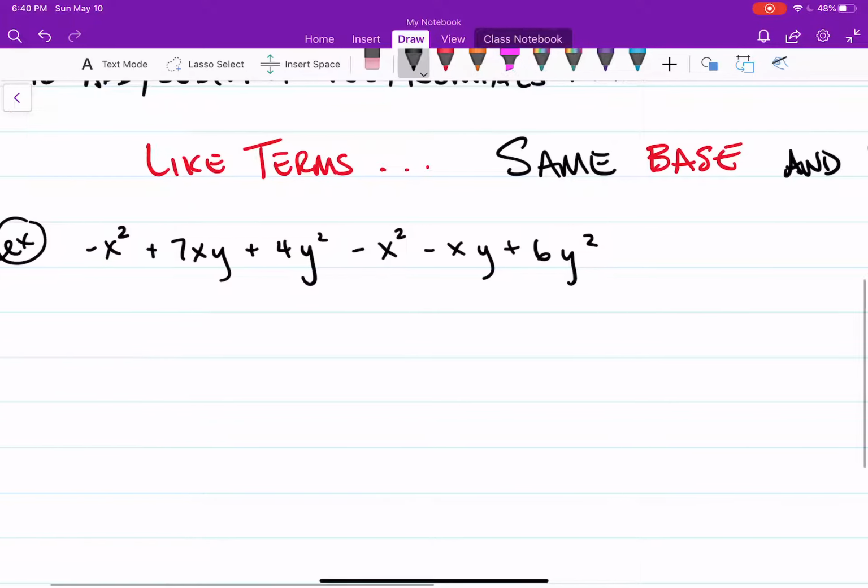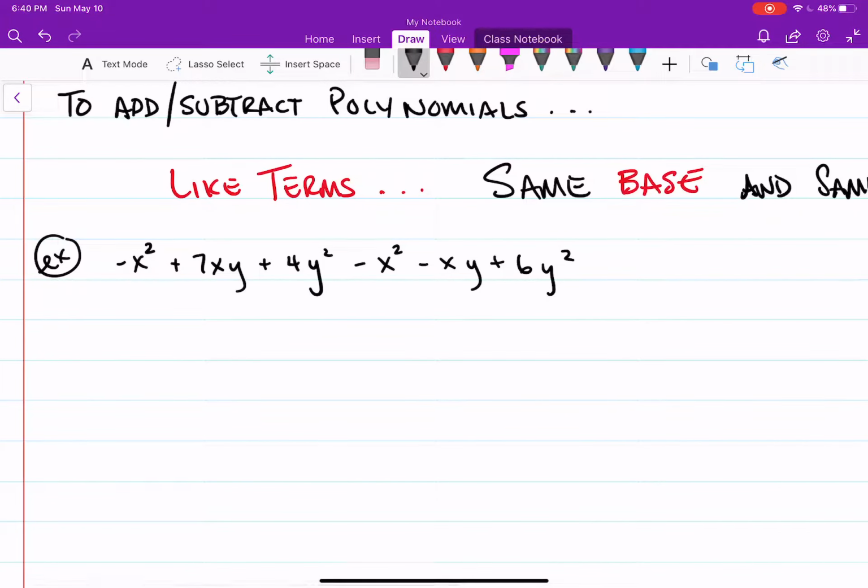So what you want to do is make sure that you are seeing the same base and same power. That's number 1. Number 2, always take the symbol in front of that coefficient or variable as the value of it. And you're like, what do you mean?